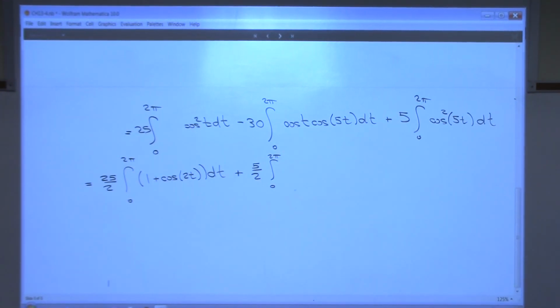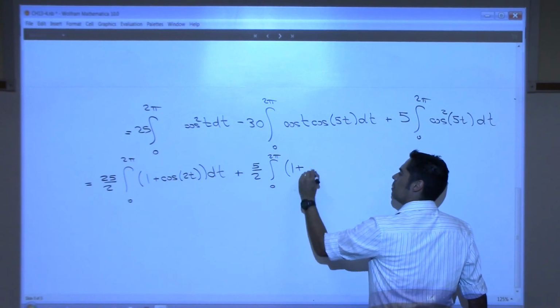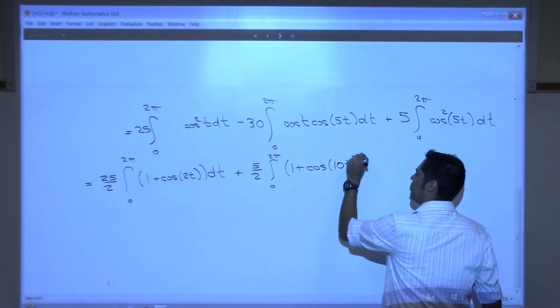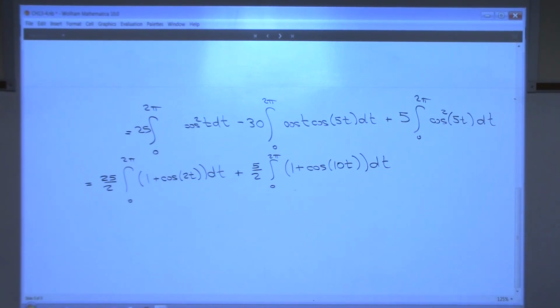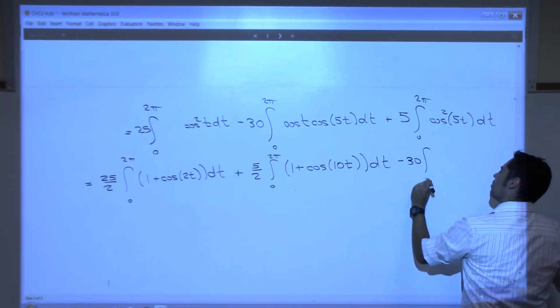What goes in this integral? 1 plus cosine 10t. All right, just making sure you're doubling the angle, right? The 1/2 came out. And then this one, minus 30 integral 0 to 2 pi.